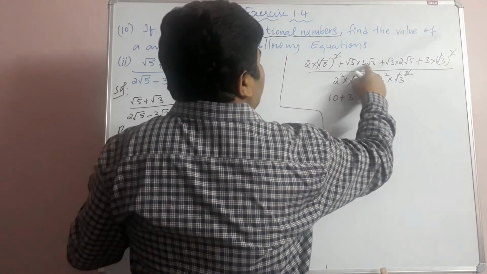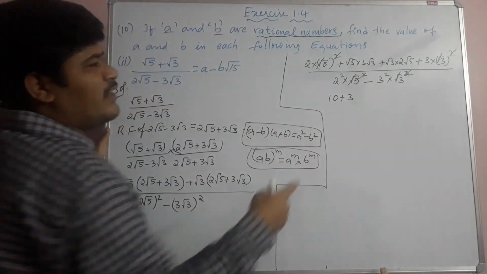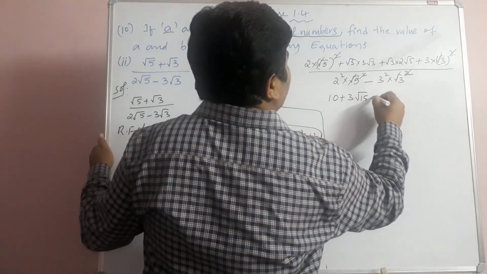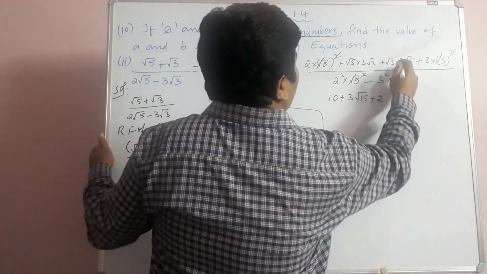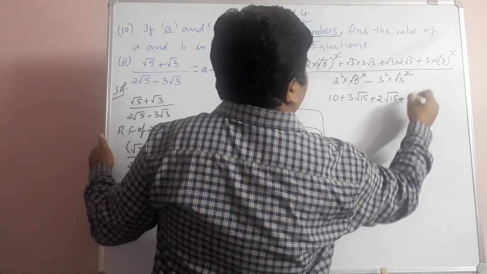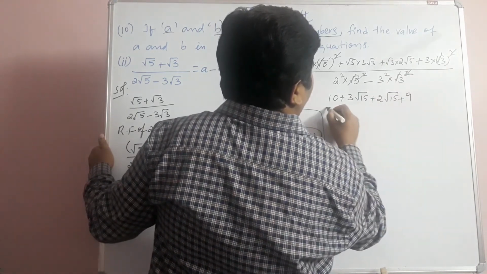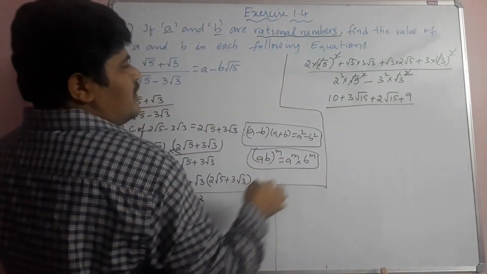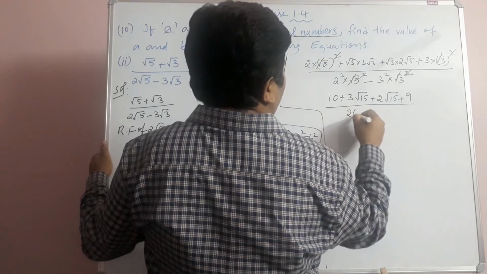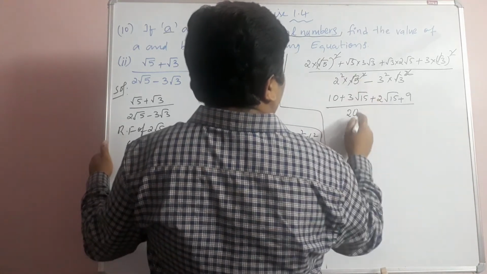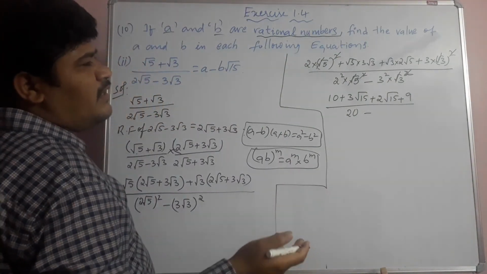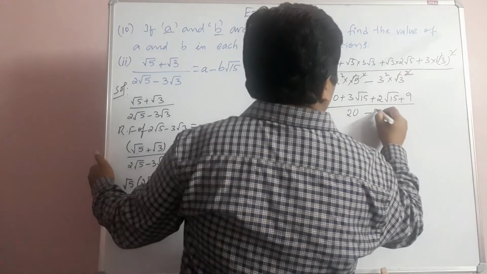So root 3 into root 5 is root 15, and the 3 is there, so 3 root 15, plus 2 root 3 into root 5, root of 3 into 5, root 15, plus 3 threes are 9. 2 square value is 4, and 4 fives are 20, minus 3 square value is 9, and 9 threes are 27.